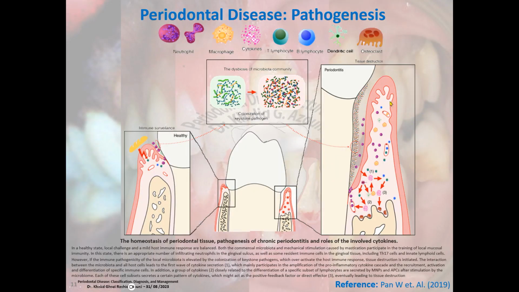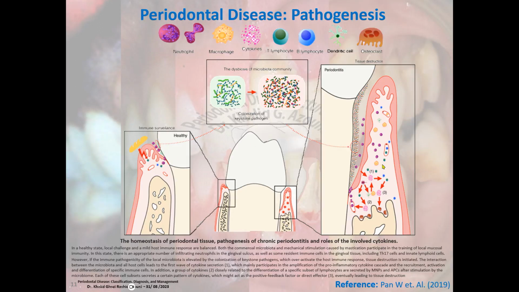All this will build up in the periodontal pocket, which will deepen with time, and with the production of these cytokines and the reaction of the immune cells, especially the osteoclasts, bone resorption will happen, and further loss of periodontal attachment will happen, and then we go into periodontitis.